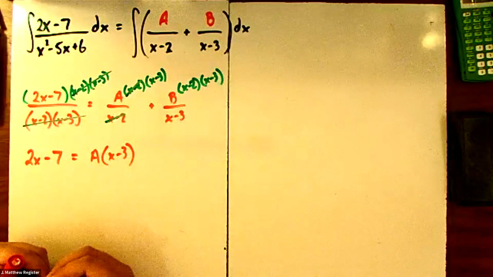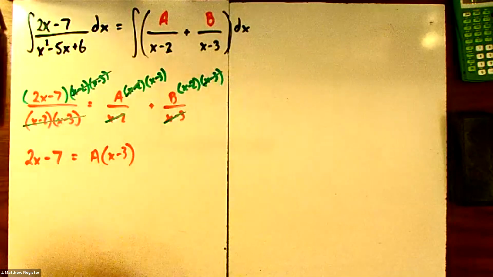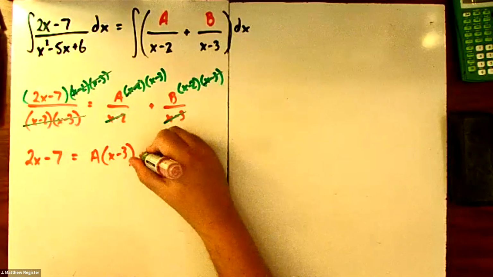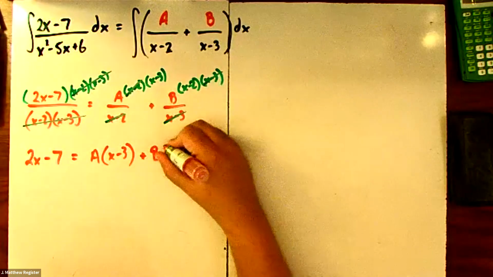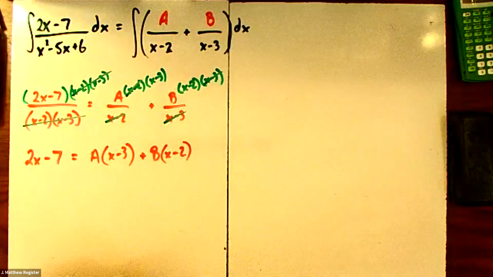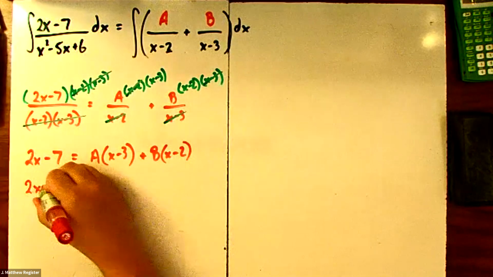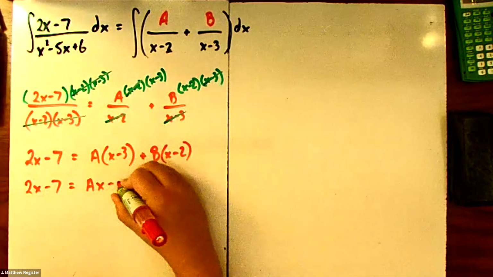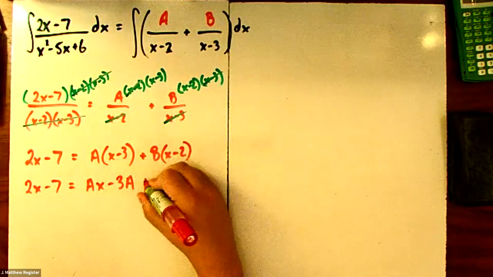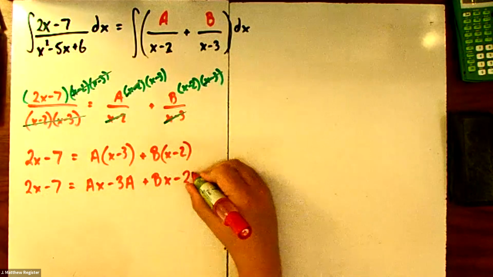And then for the last one, our x minus 3's cancel, which leaves us with b times x minus 2. Cleaning this up, we get 2x minus 7 is equal to ax minus 3a plus bx minus 2b.